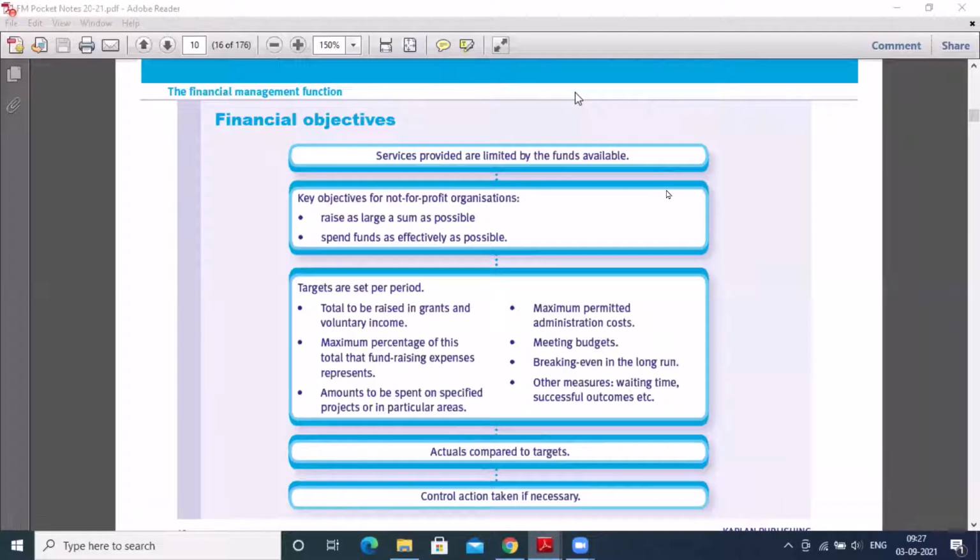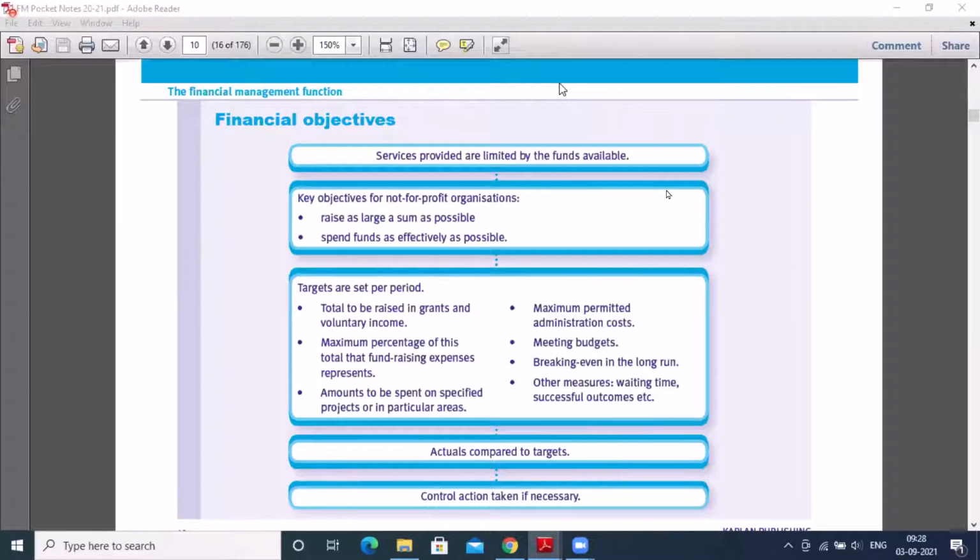Now, other measures, that is waiting time, successful outcomes, all these are certain targets which are to be considered. So waiting time in the sense, suppose if the charitable organization is providing a service, now definitely we can expect a large queue, nothing but a large number of beneficiaries. Now it is not possible for the organization to provide the service in real time.